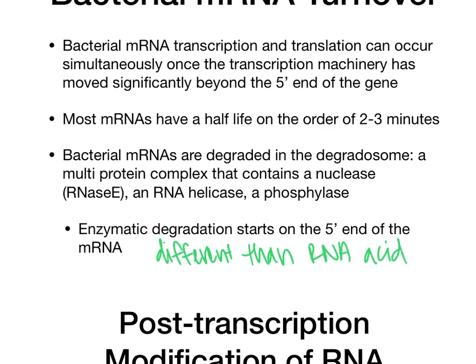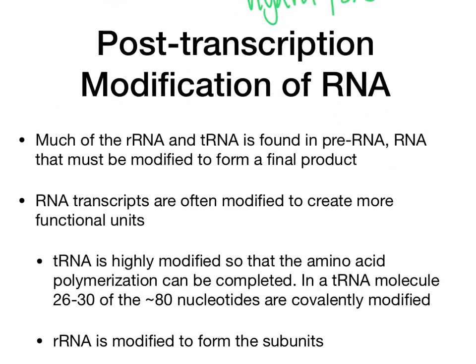We'll call it acid hydrolysis. So this is the enzymatic degradation, and that starts on the 5' end of the mRNA fragment. The acid hydrolysis can occur anywhere.